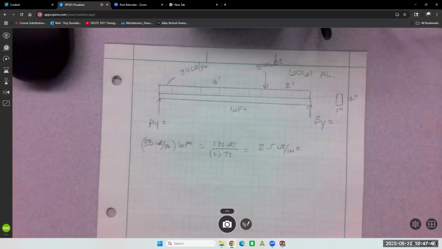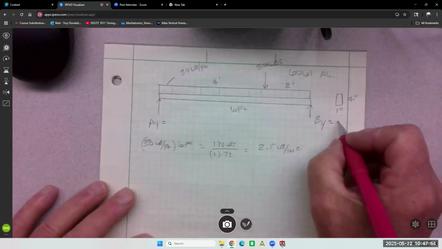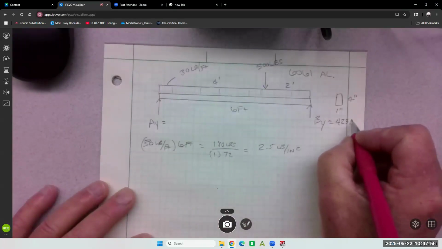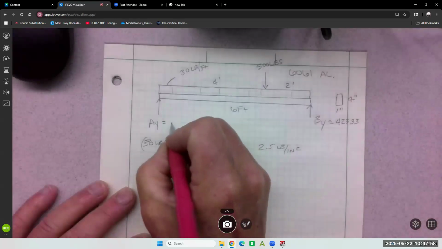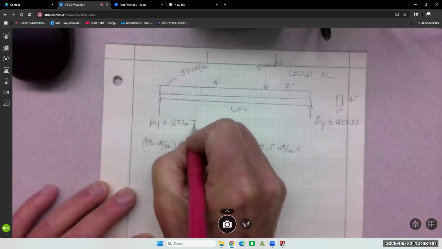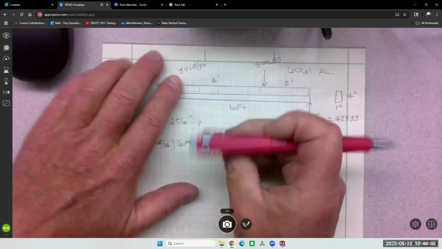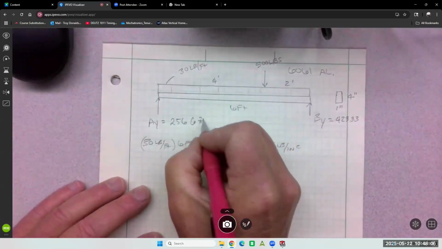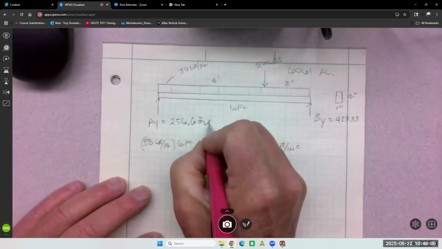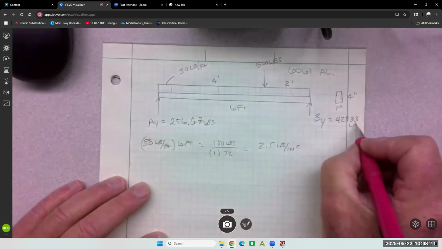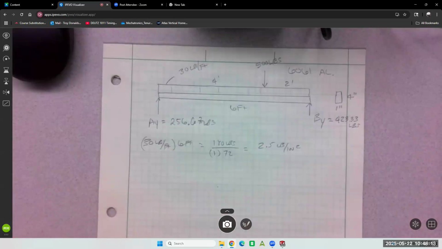How are we doing? What do we get for AY and BY? BY got 423.33. AY 256.67. Oh, 6.7. 6.7. All right. Anybody else confirm this? Yeah.